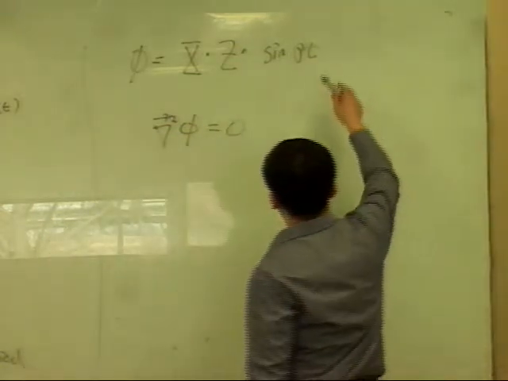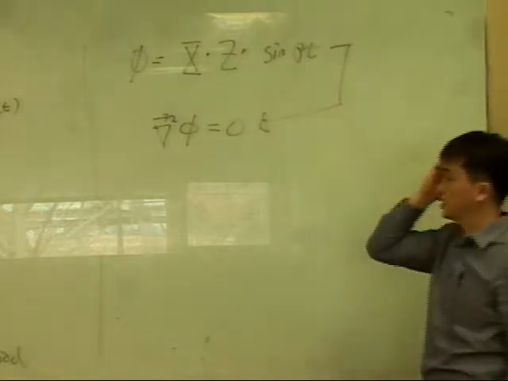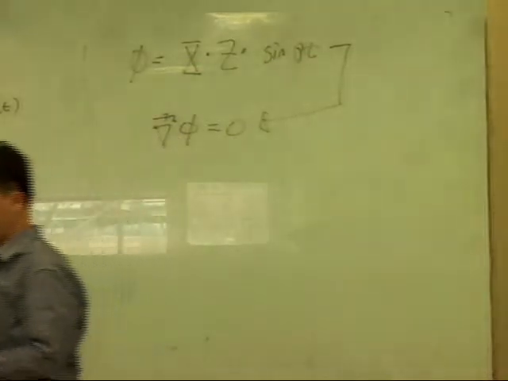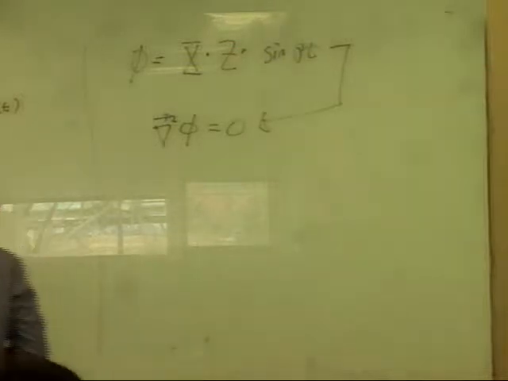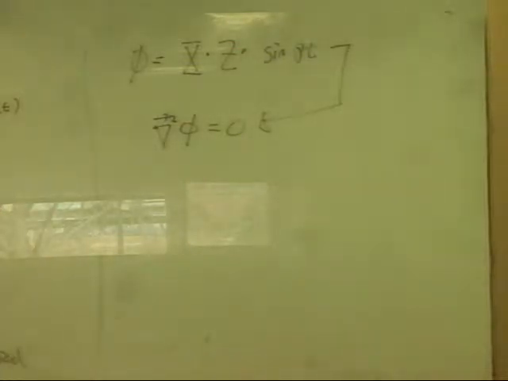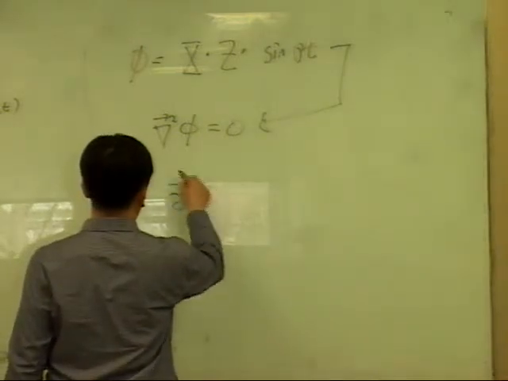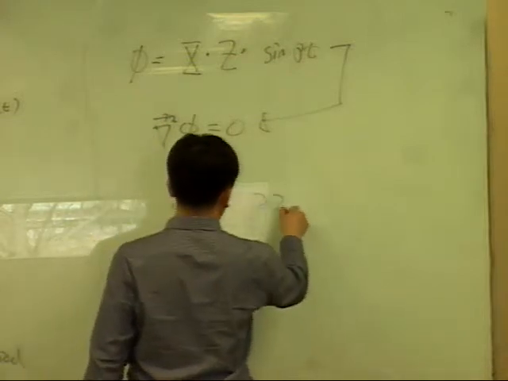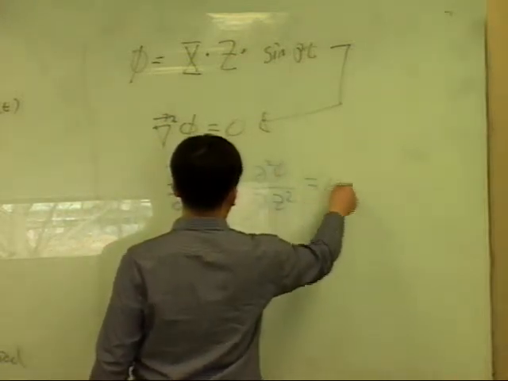Let's put this function into the governing equation. The governing equation is d squared over dx squared plus d squared over dg squared equals 0.